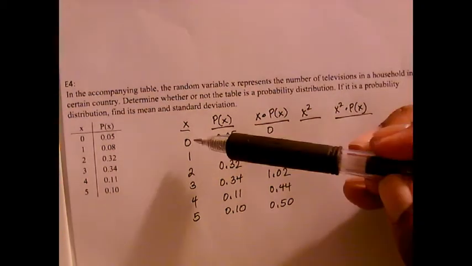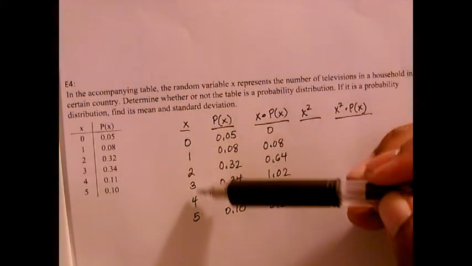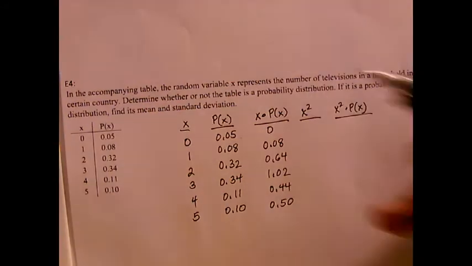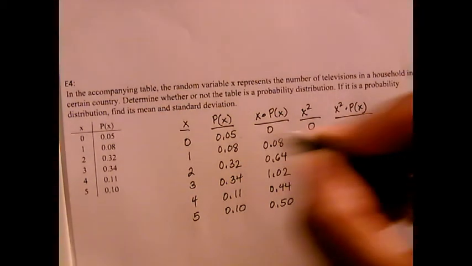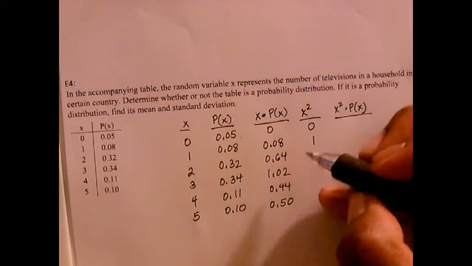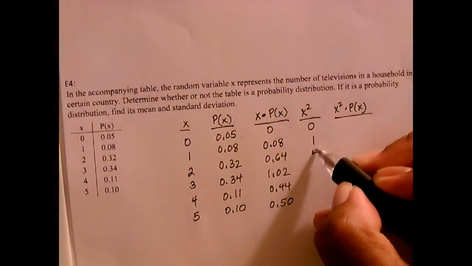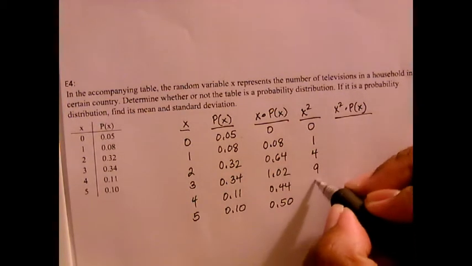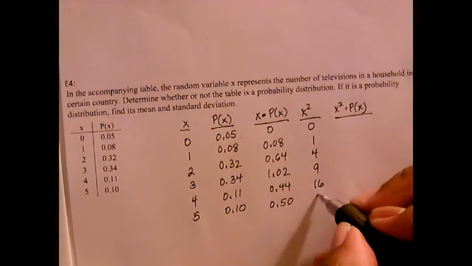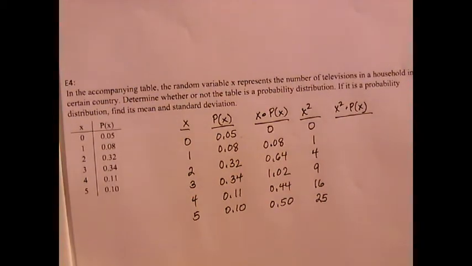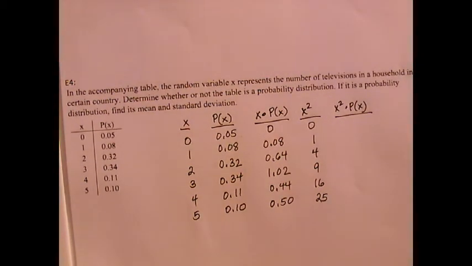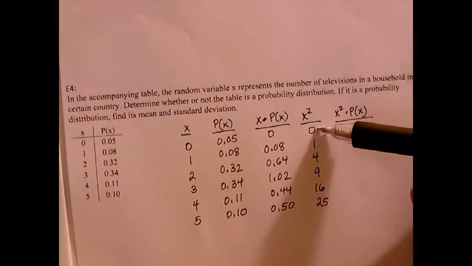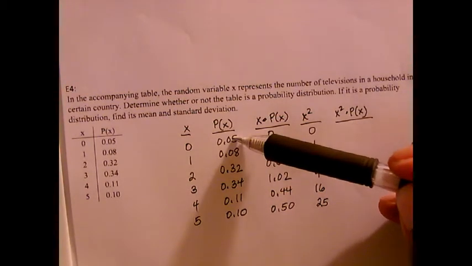Now for the x squared, I'm going to square each individual x value. So 0 squared is 0. 1 squared is 1. 2 squared is 4. 3 squared is 9. 4 squared is 16. 5 squared is 25. And then finally for the x squared times p of x, we take your x squared and multiply by its corresponding probability.